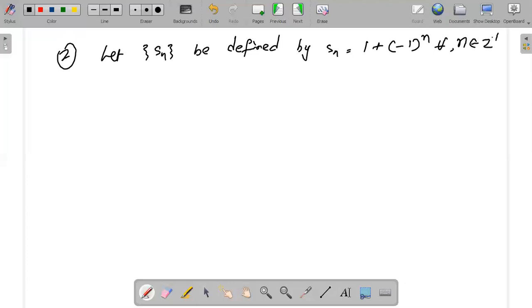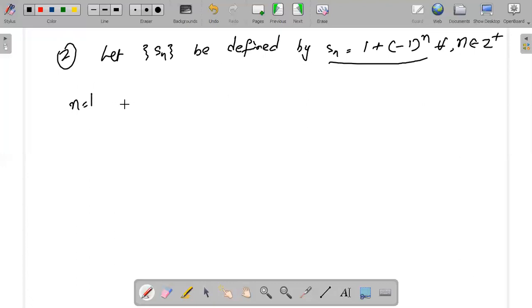So this is how we test. This is a sequence defined over this, and for n, which is a positive integer, the sequence is given. Let us see. Now the process is the same.